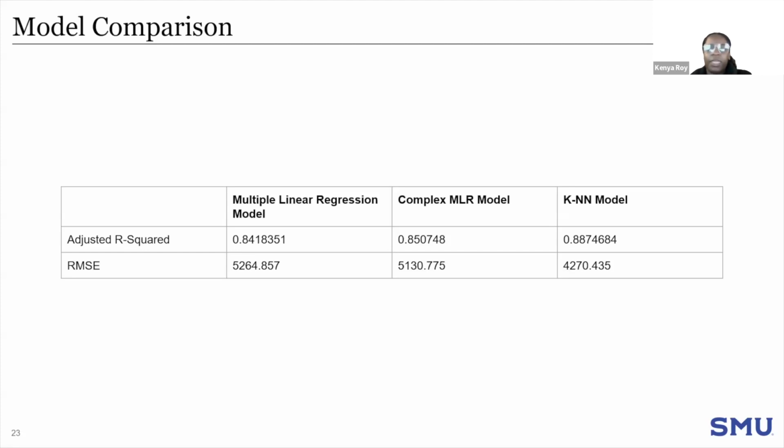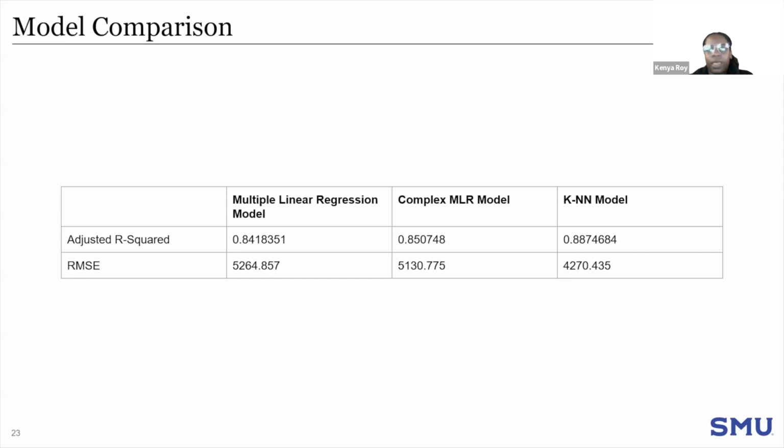So the KNN is more flexible in that way, and I think that better suits this data set since there are so many variables that could create some multicollinearity in the models that we wanted to create.